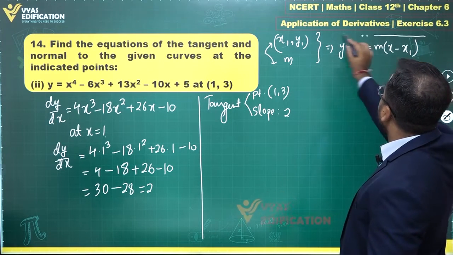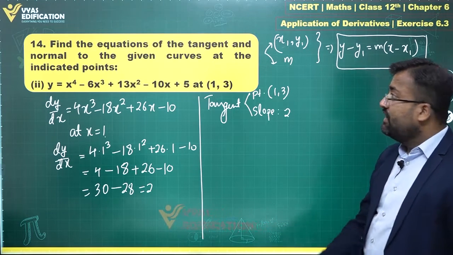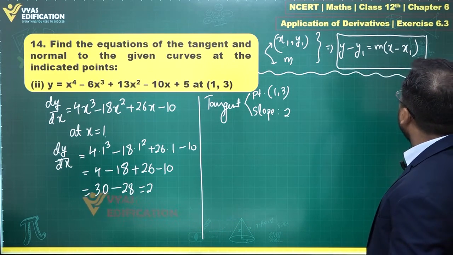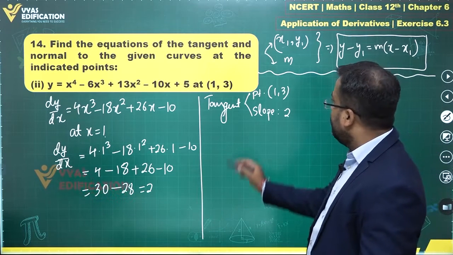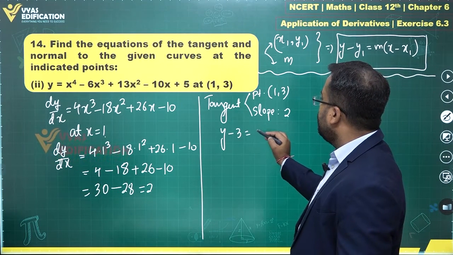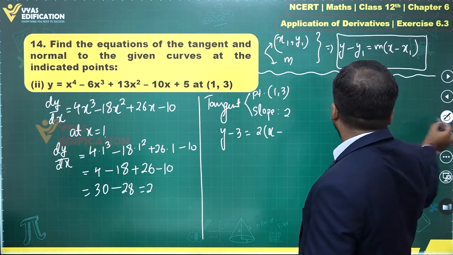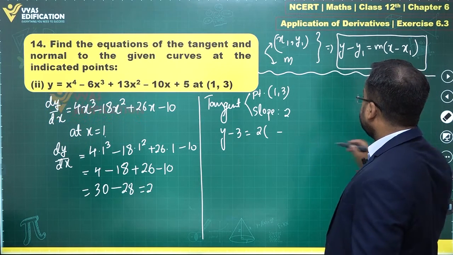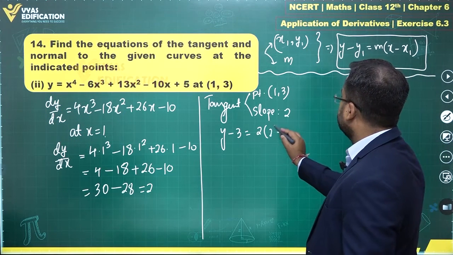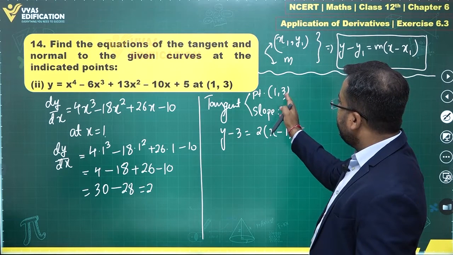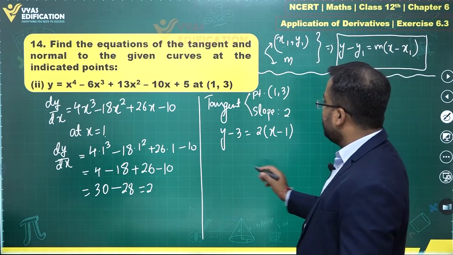I hope you remember this, right? And if you remember this well, then you can easily find the equation of tangent over here. What is that? y minus 3 is equal to 2 times (x minus 1). y minus y1 is equal to m times (x minus x1). That's what we are doing.